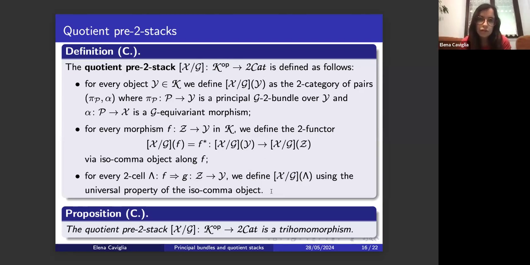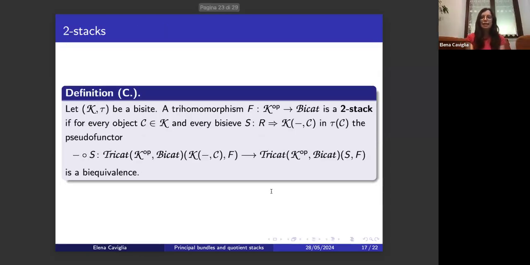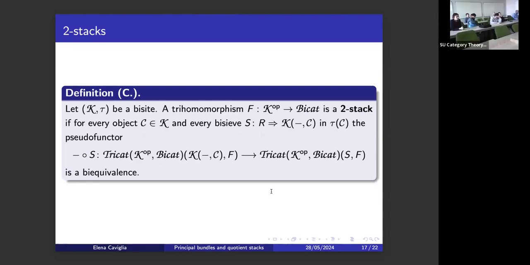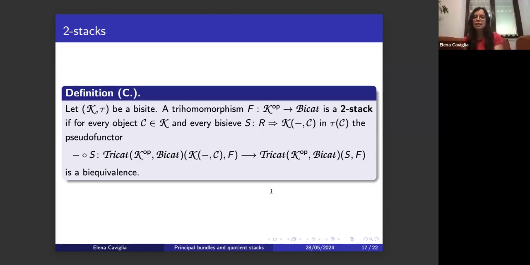And so I introduced a new notion of two-stack. And the idea is that instead of generalizing the usual definition of stack, I generalized the characterization given by Street. And the reason for this, I hope will be clear in some minutes.